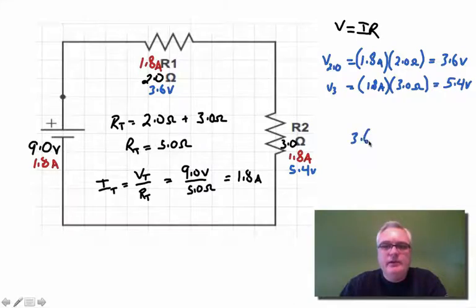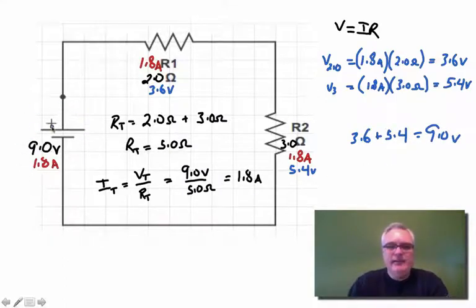That adds up to give me my 9 volts. Okay, so the total potential gains have to equal the total potential losses, right? Or the total potential dropped in the circuit. So if I have 9 volts here, I'm going to give up 9 volts as I go around the circuit. Okay, so that's a basic series circuit question, typical exam type question.